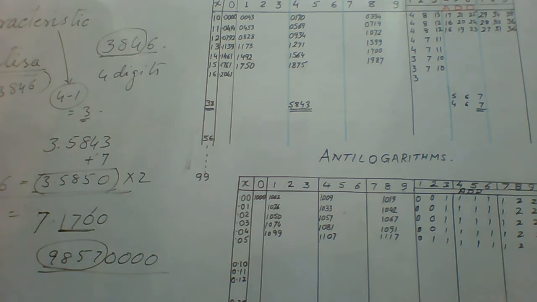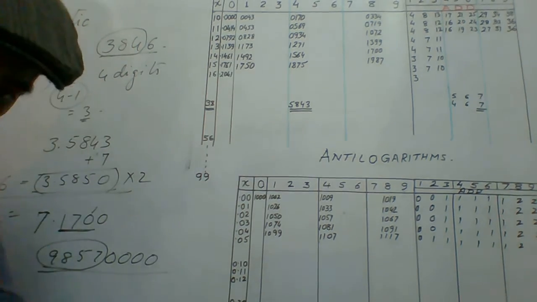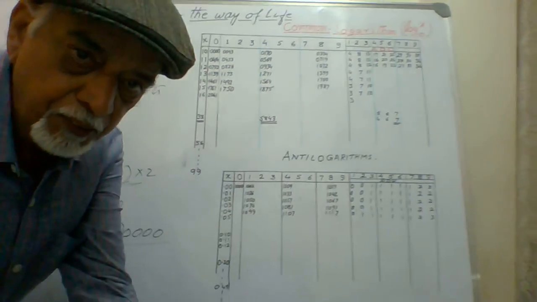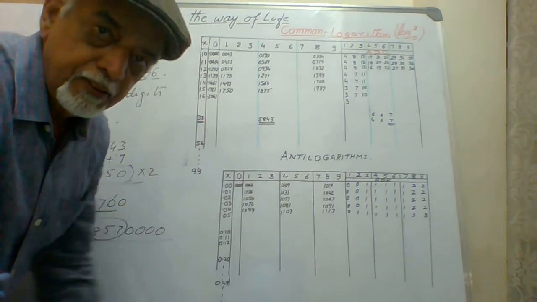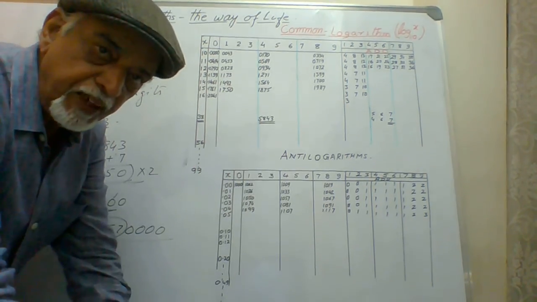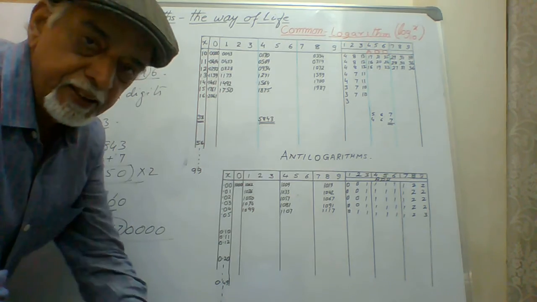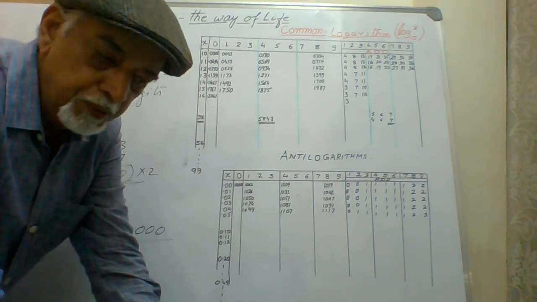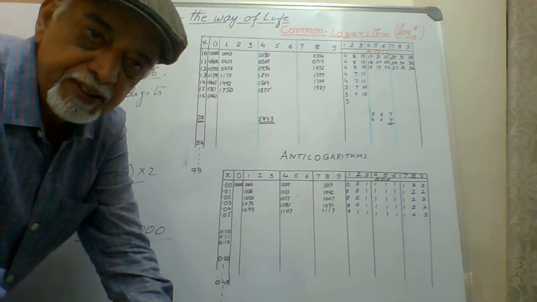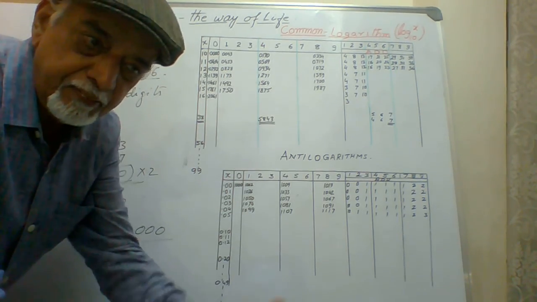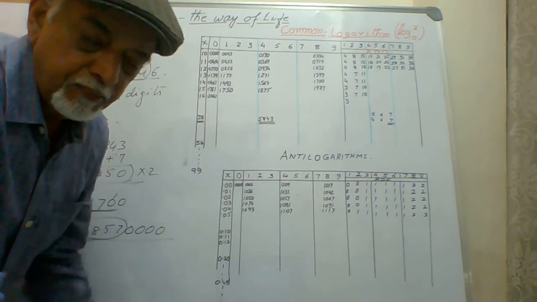I hope this is clear so far, and it must have been very interesting for you all to go through this log table reading and assessment of values, which was very useful in our days. Nowadays it is only required for those who are writing chemistry equations, rate of reaction, and values of different gas laws.